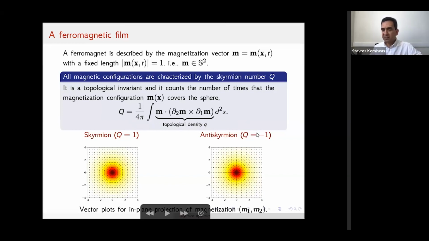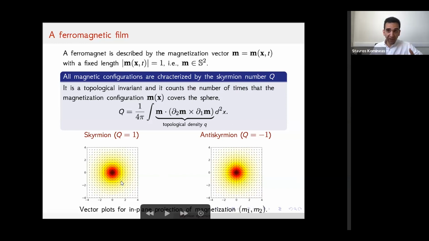Now let's take a specific configuration. That one here you would call a skyrmion. Let me explain what you see in this picture. These are the magnetization vectors M at every point in your film. Because this is a 3D vector, it's difficult to draw, so we draw only the projection of the vector on the plane.